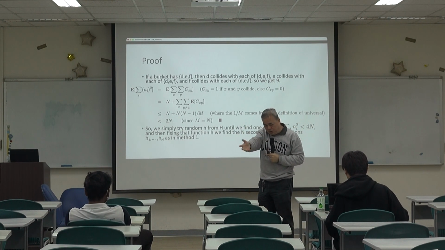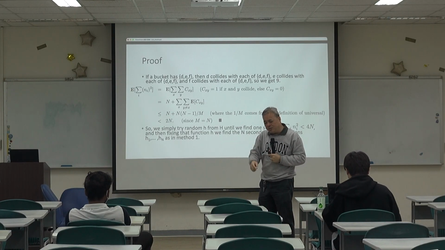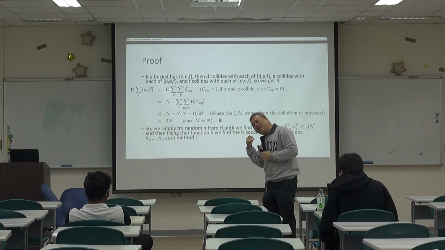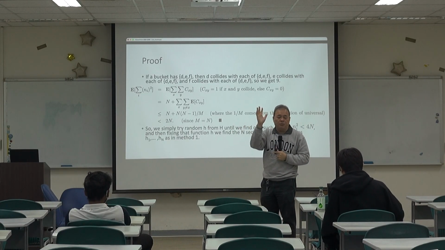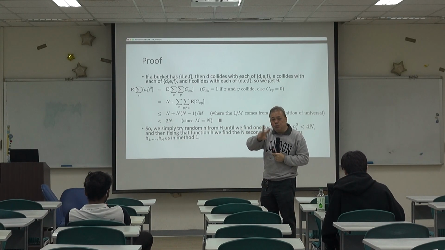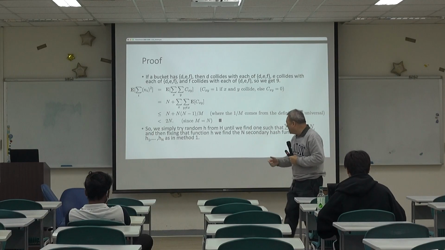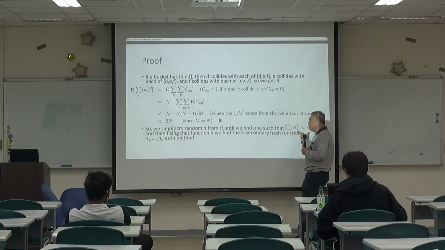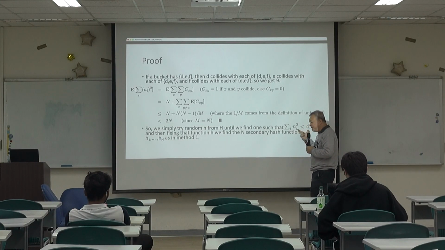So if unfortunately the hash function you randomly pick from the universal hash function does not satisfy this, you just throw it away and pick another one. Okay? Within 2 tries, you must satisfy this one.